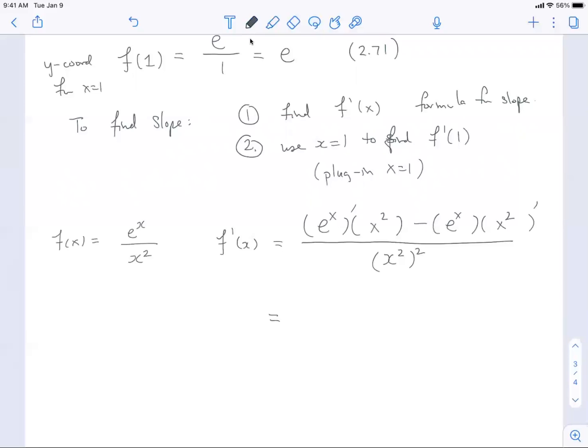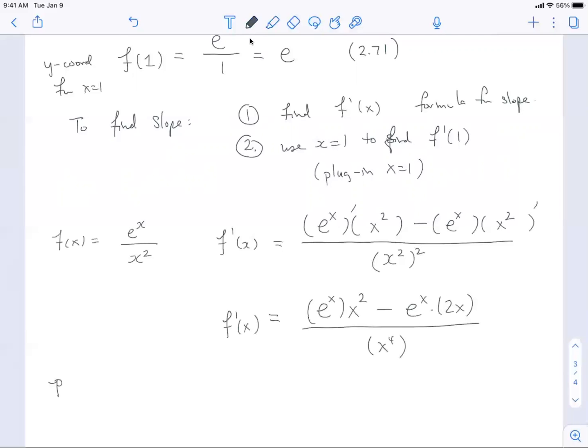You may want to pause the video right here and work this out and see what you get. Now I get e to the x times x squared minus e to the x times 2x, all over x to the 4th. And this is it, so I don't need to simplify anymore. This is my formula for f prime of x.